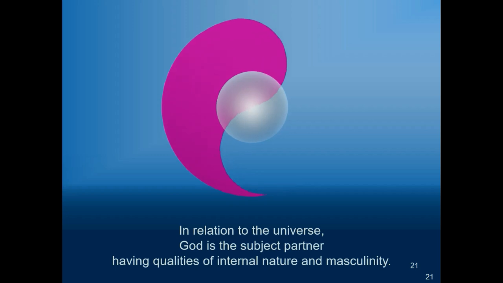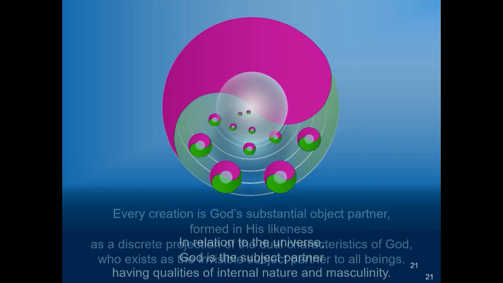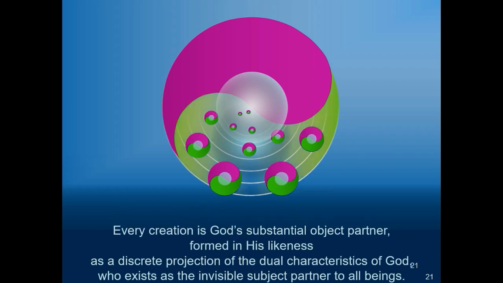In relation to the universe, God is the subject partner having qualities of internal nature and masculinity. Every creation is God's substantial object partner, formed in his likeness, as a discrete projection of the dual characteristics of God, who exists as the invisible subject partner to all beings.